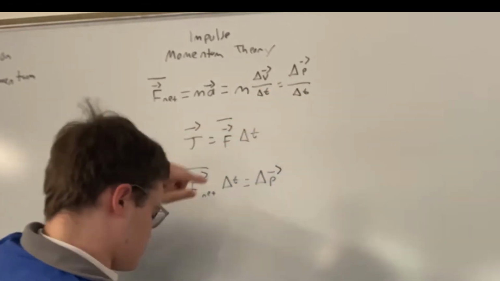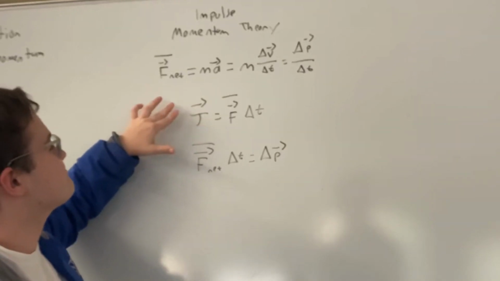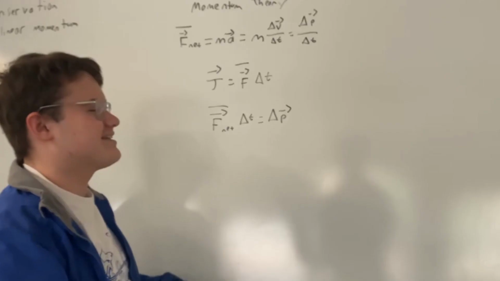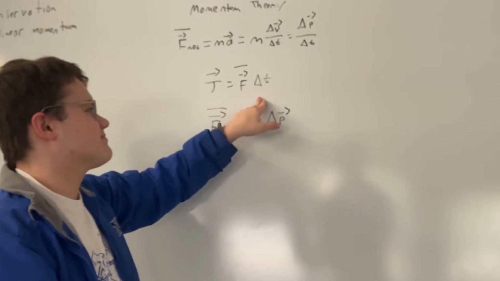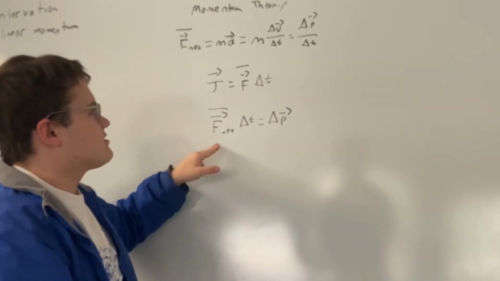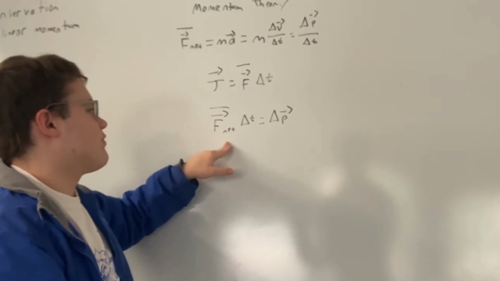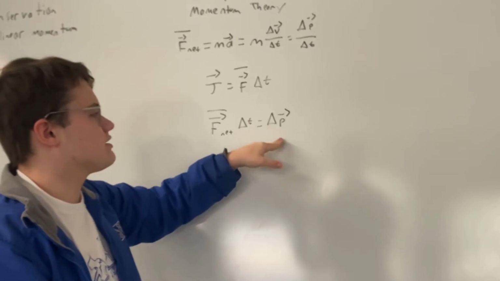And this is the actual point of the impulse momentum theory. The impulse is equal to the average net force multiplied by the change in time. And from there, we can get the average net force multiplied by the change in time is equal to the change in linear momentum.